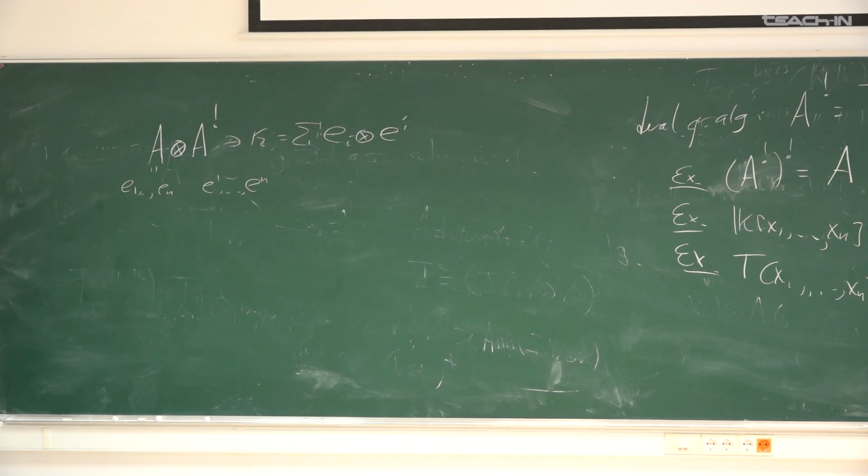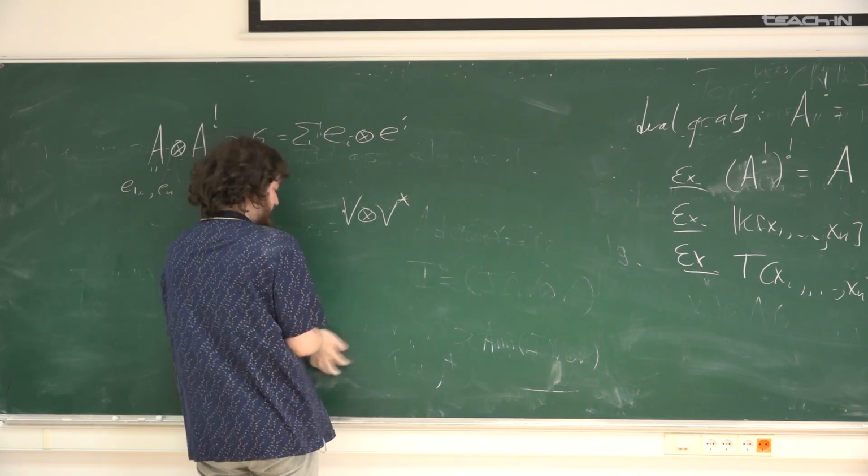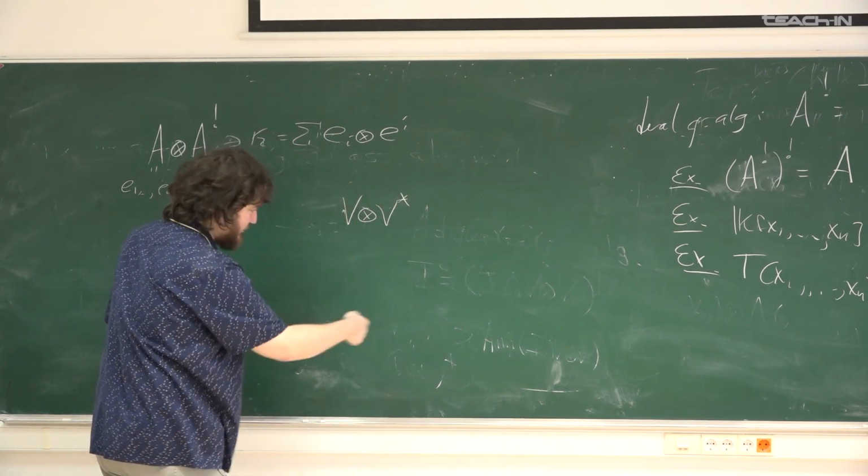With respect to duality, it corresponds to the identity element. If you consider V tensor V star, this element corresponds to the identity operator.